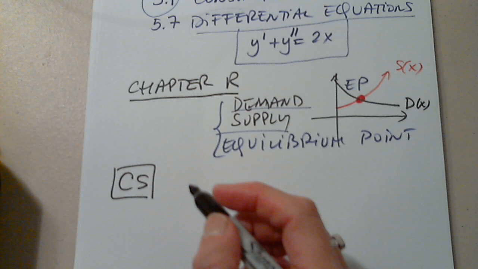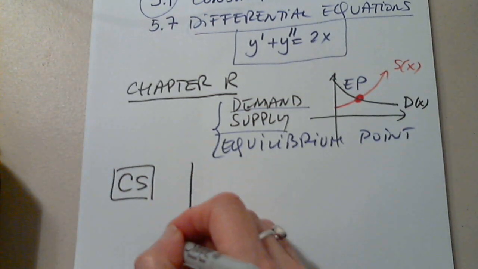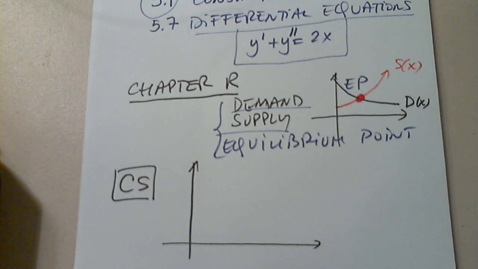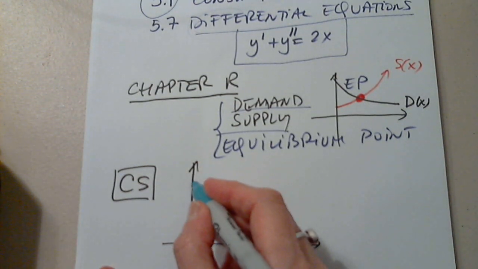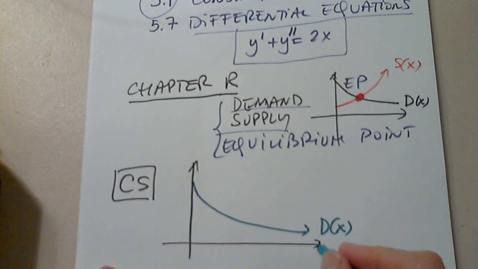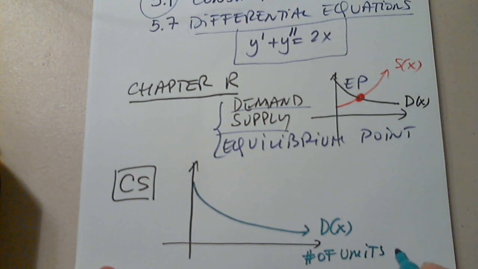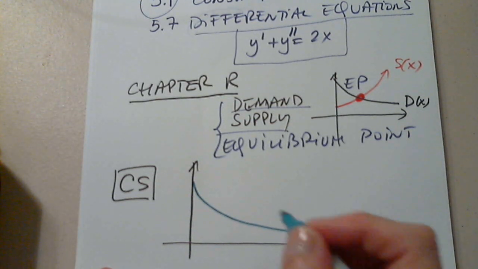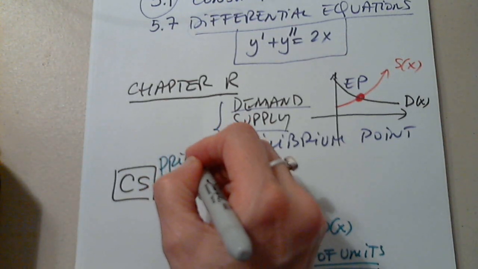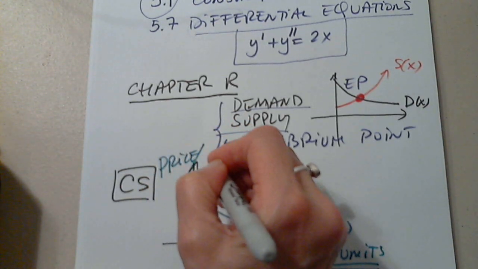Let's take a look at the function, of course, a demand function. I'm going to graph the same thing I graphed over there. This is my demand function. This is number of units, and up here on the y-axis, price per unit.